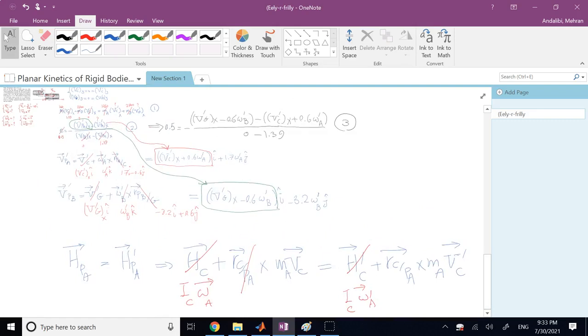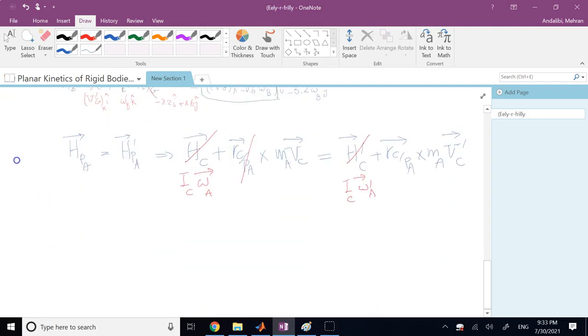In both cases, R of the contact point with respect to that. So if you see here, that's P with respect to C. We need C with respect to P, so it's the negative of this vector, negative 1.7 I, 0.6 J. The same thing about this vector.